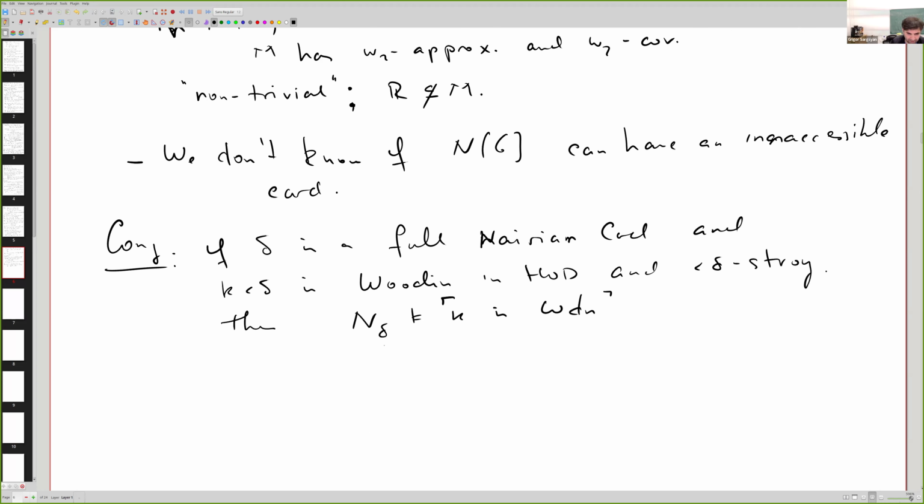Okay, well, let's not speculate anymore. This is just to give you an example of how large cardinals could end up in that universe, because Woodin now conjectures that you will not have large cardinals in NG.